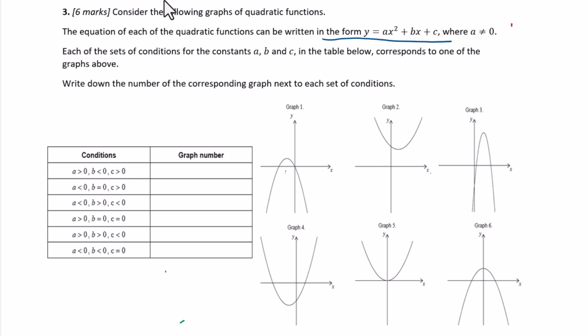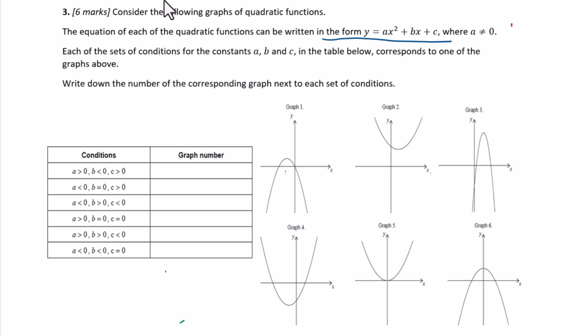Each of the sets of conditions for constants a, b, and c in the table below corresponds to one of the graphs above. Write down the number of the corresponding graph next to each set of conditions. We are given these 6 graphs.